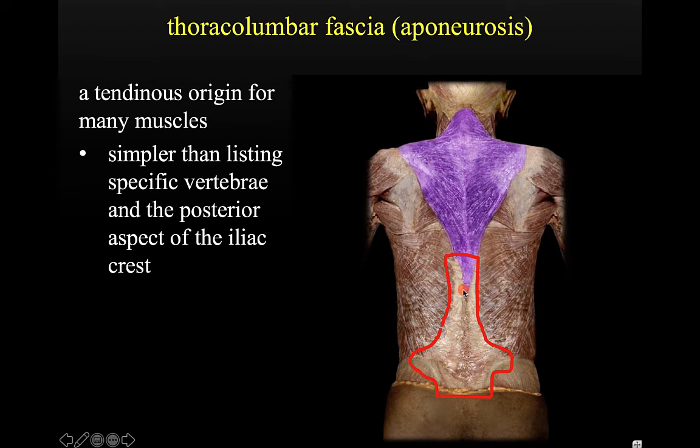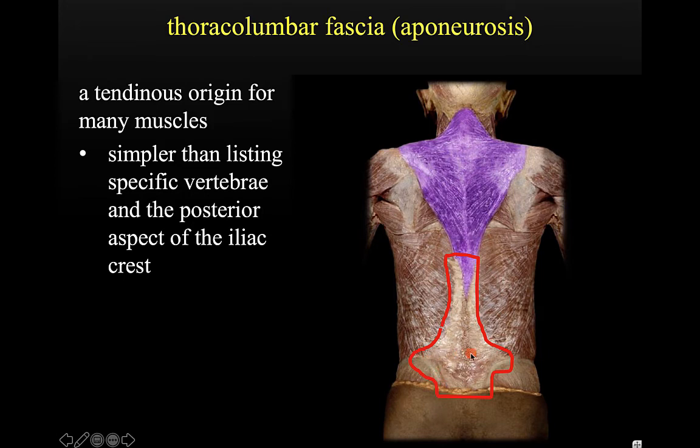This is actually kind of a shortcut for us when we say that something like, say, the latissimus dorsi here attaches to the thoracolumbar fascia, because what that means is it's attached to the spinous processes of some of our thoracic vertebrae, spinous processes of our lumbar vertebrae, possibly to what we call the median sacral crest, which is the spinous processes of the sacrum, and then this posterior part of the iliac crest, which we can see quite nicely here in this image.